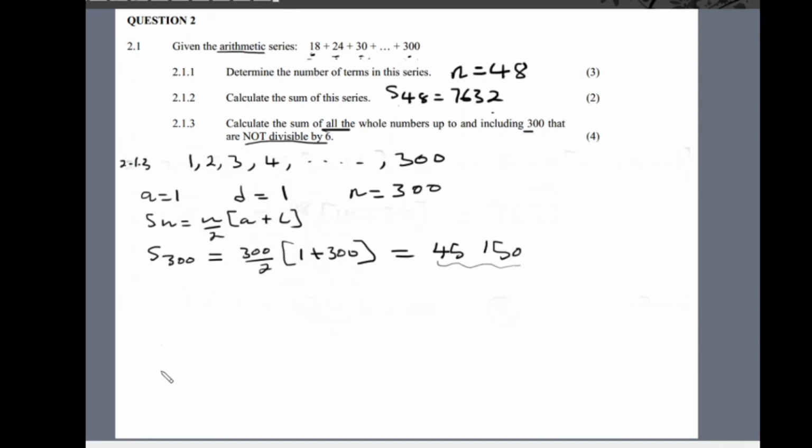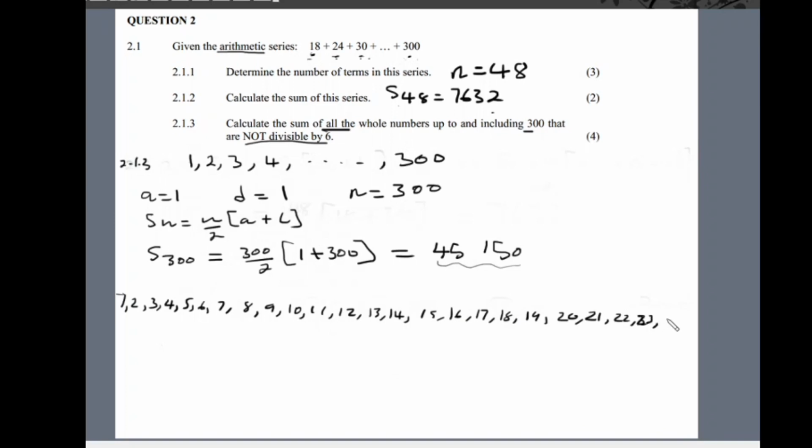Okay, I think I will write this sequence of all the whole numbers up to and including 300. So it will be 1, 2, 3, 4, 5, 6, 7, 8, 9, 10, 11, 12, 13, 14, 15, 16, 17, 18, 19, 20, 21, 22, 23, 24, 25.